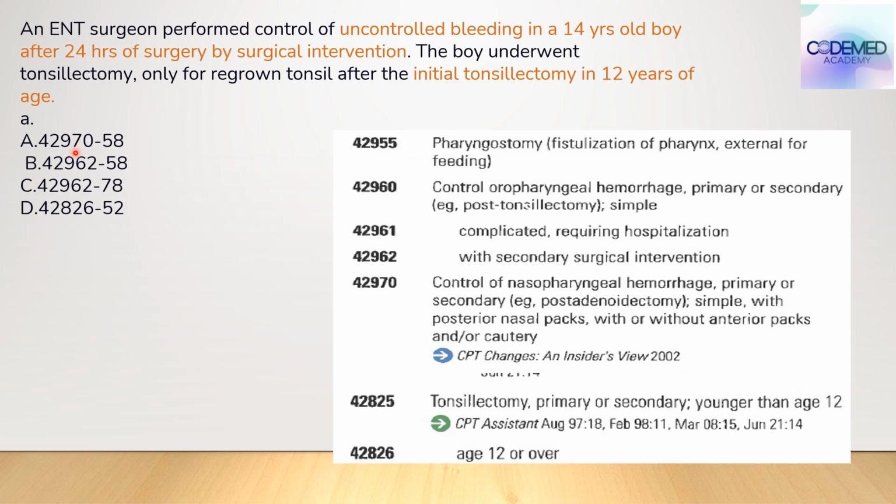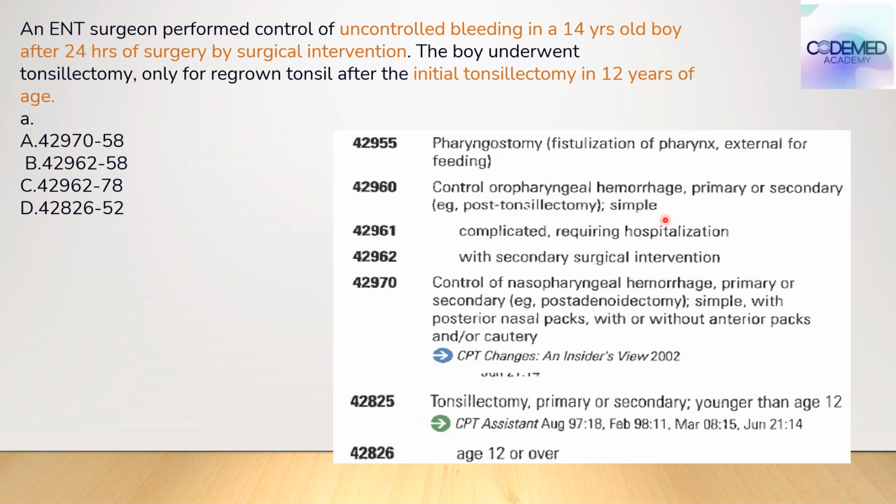So what is the code 42970? It is control of nasopharyngeal hemorrhage, primary or secondary, for example post adenoidectomy, simple with posterior nasal pack, with or without anterior pack and/or cautery. 42962 is with secondary surgical intervention. This is an indented code, so I'll be reading the code: control of oropharyngeal hemorrhage, primary or secondary, post tonsillectomy.